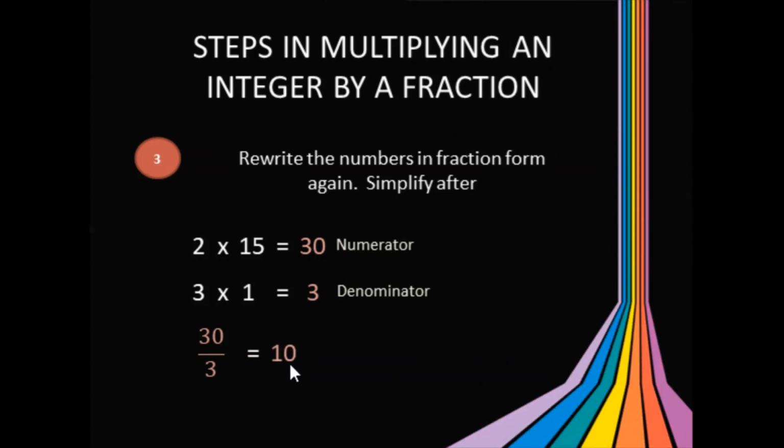So our final answer would be 10. 10 is the simplified form of 30 over 3. Okay, can you follow? Let's move to another example.